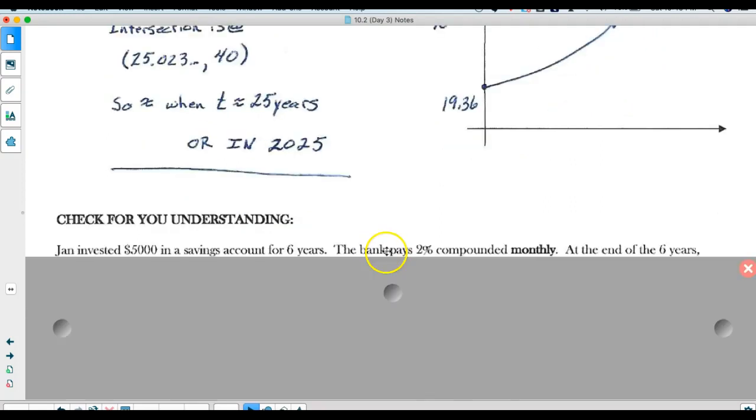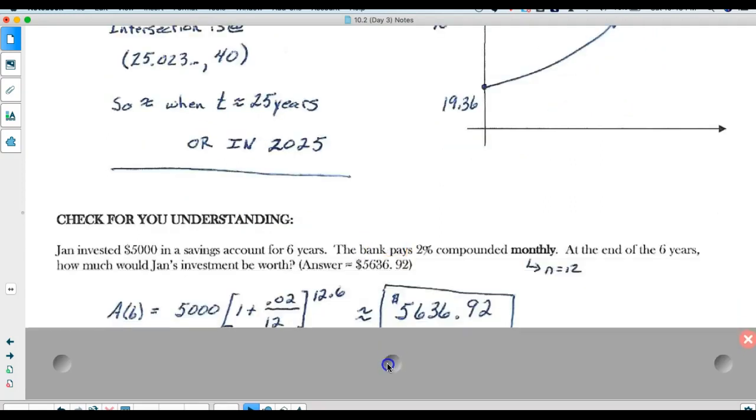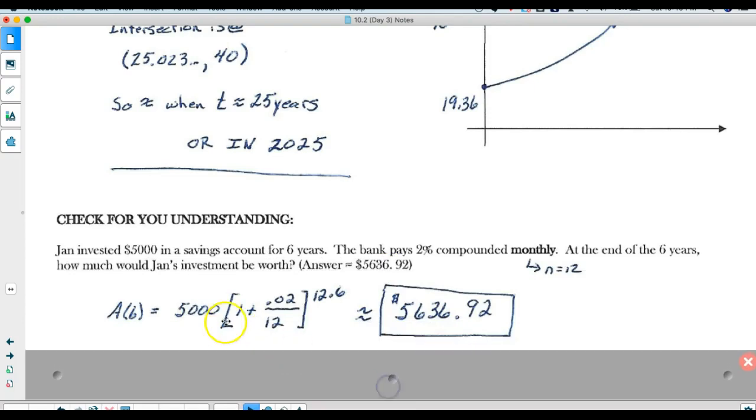Then we just have one more check for understanding here. Notice my interest is not continuously compounding. It is compounded monthly, so n would be 12. And I come back to my 5,000 times 1 plus the rate as a decimal divided by n, raised to the n times t.